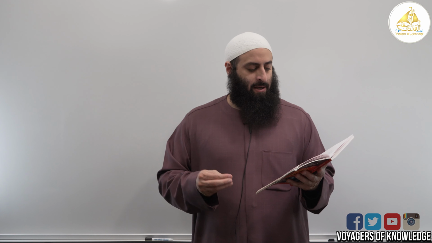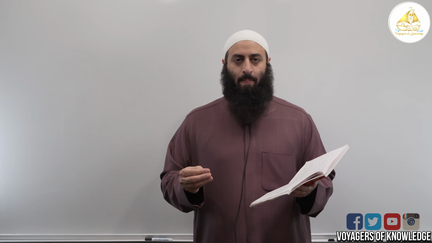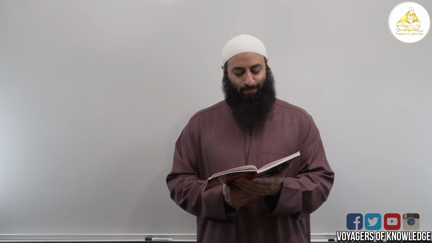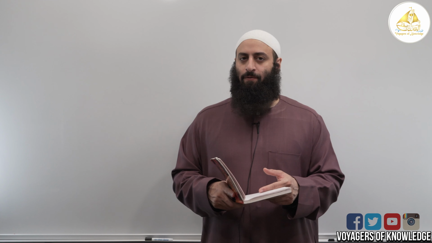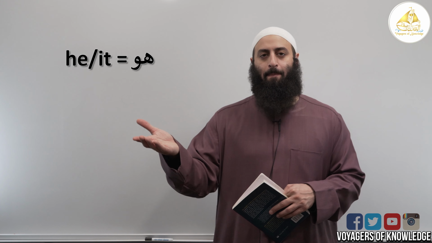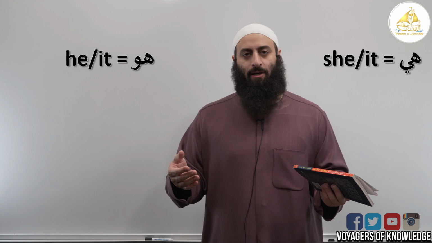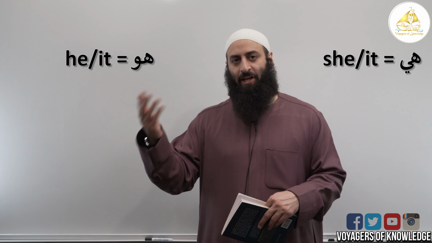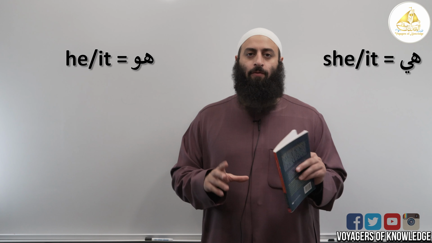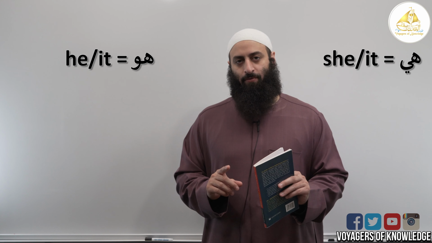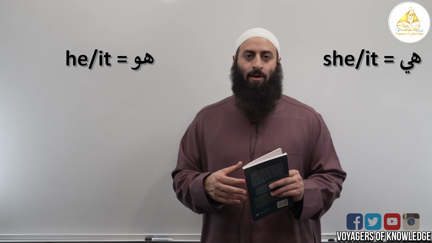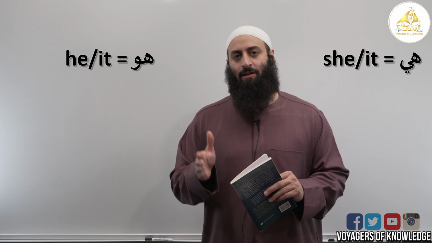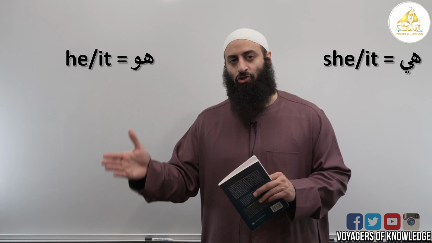It says, لمن هذه الساعة? Whose watch is this? He said, هي لعباس. And if you remember, we said هو is a ضمير and هي is a ضمير. It means he and she. If you're talking about objects, however, it means it. And you have to use the right ضمير for the right gender.